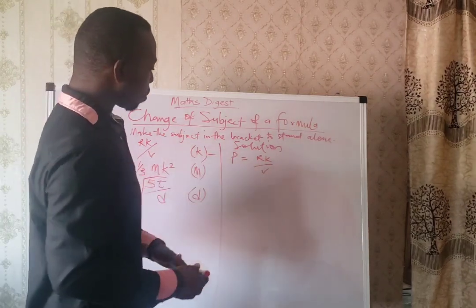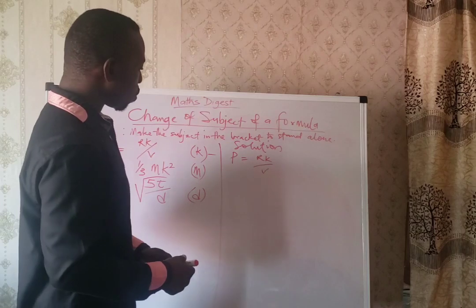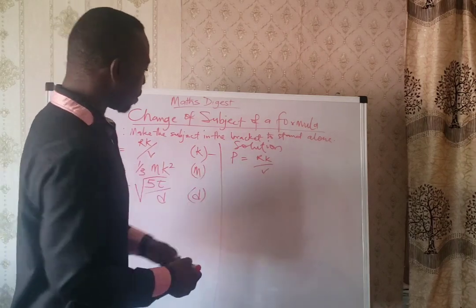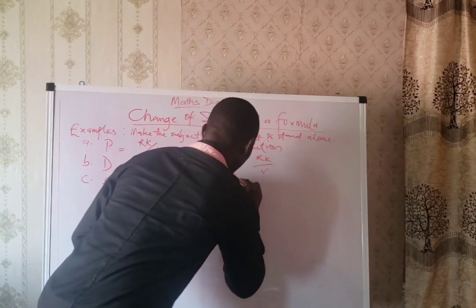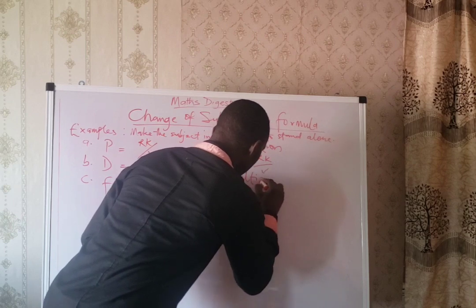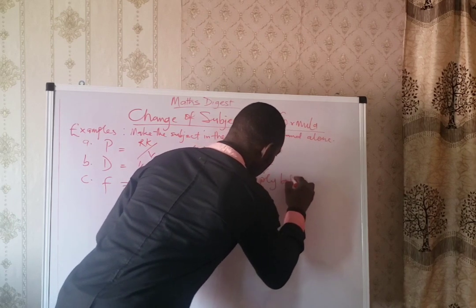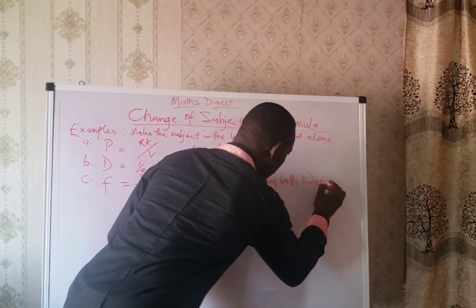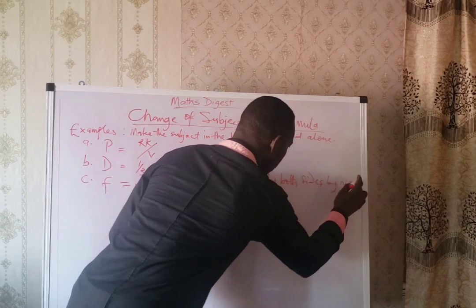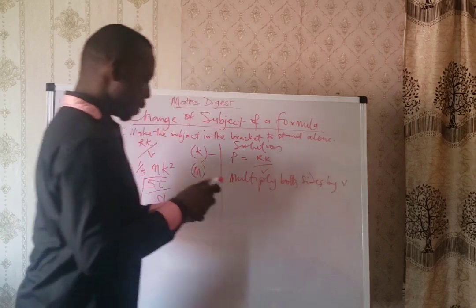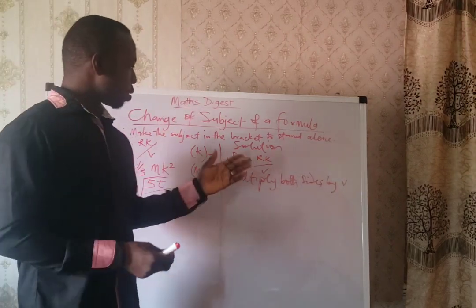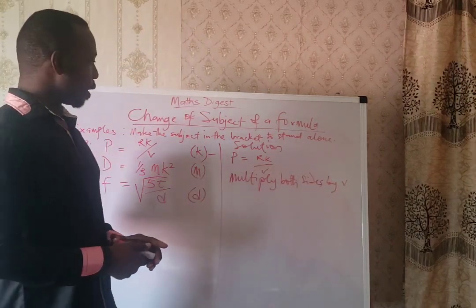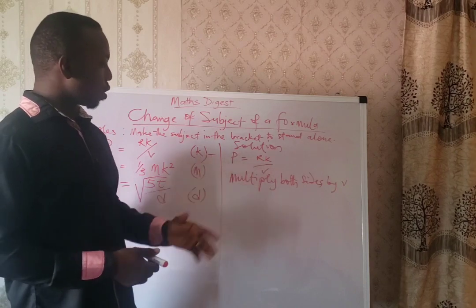So quickly what we are going to do here is this. We are going to multiply both sides by V. So whenever it is division, let's multiply.